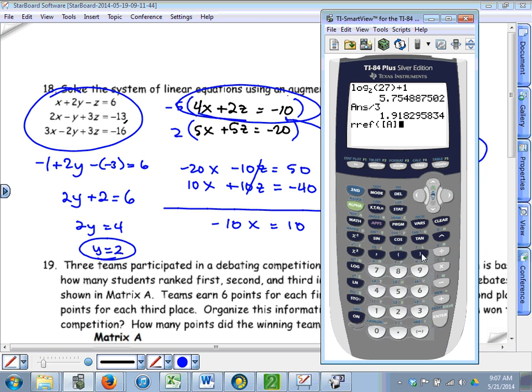I'm going to tell it to do it on matrix A. Hit enter. You see that? Awesome. Do you guys understand what this is telling you? Yeah. This one means that x equals -1, y equals 2, and z equals -3. So it can go pretty quick if you know how to use it.